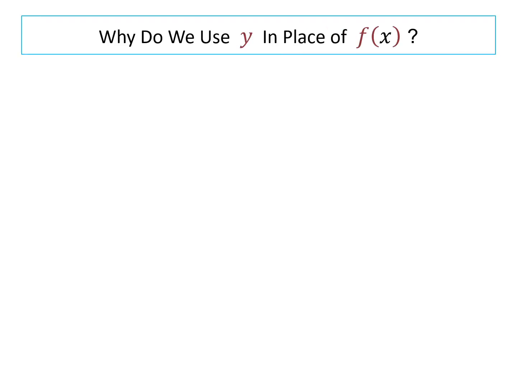Why do we use y in place of f of x? Here f of x represents this algebraic function. Now if we have to refer to this expression at many places, everywhere we have to write f of x, which consists of 4 letters.